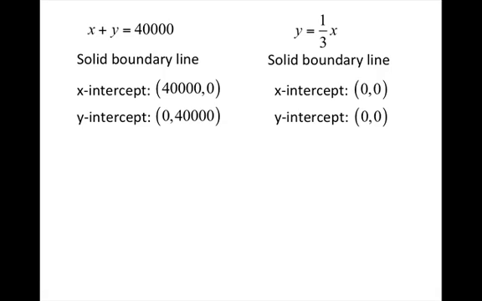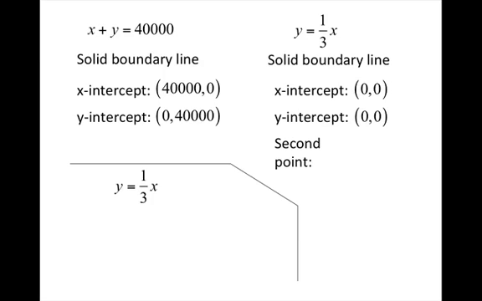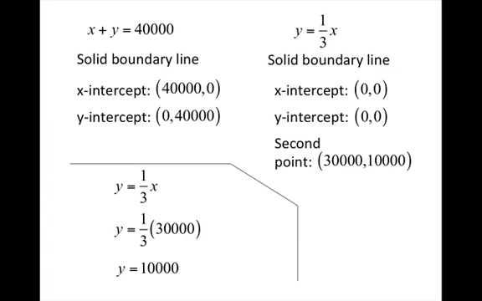And instead of letting x be a 3 or a 6 or a 9, look at your intercepts for this first boundary line. Those values were 40,000. So to get my second point, I'm going to let x be 30,000. So go to y equals 1/3 x, and let's replace x with 30,000. Well, 1/3 times 30,000 gives me 10,000, so y equals 10,000. So my second point is the ordered pair 30,000, 10,000.